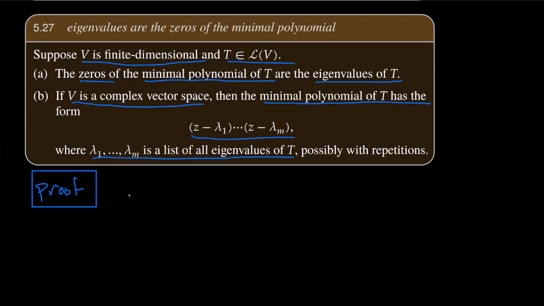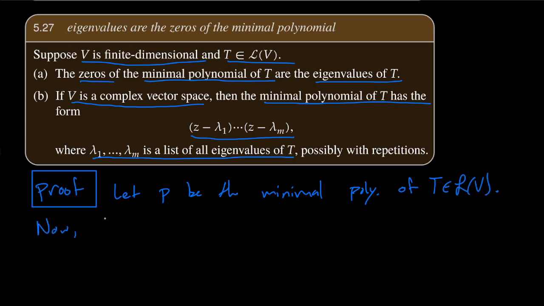The zeros of the minimal polynomial are the eigenvalues of T. Let p be the minimal polynomial of T in L(V). Now, suppose lambda is a zero of p.